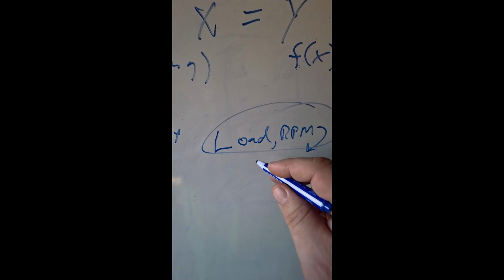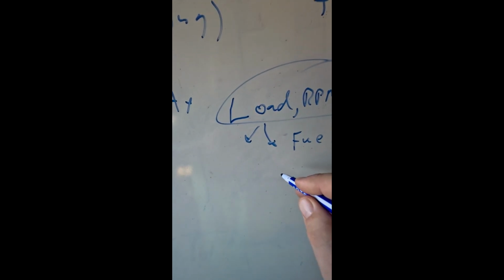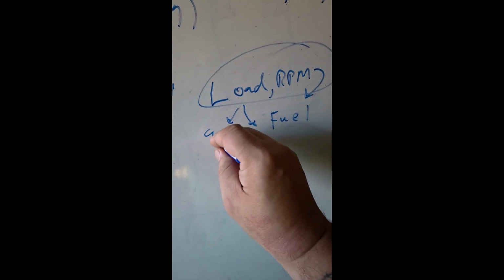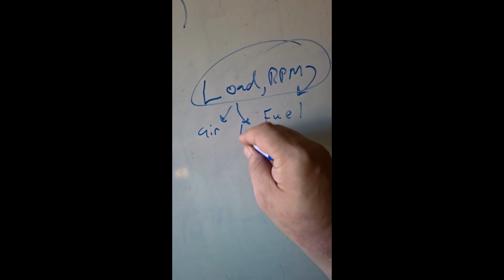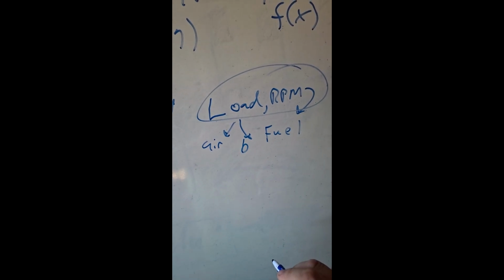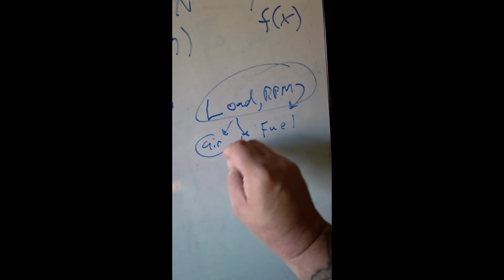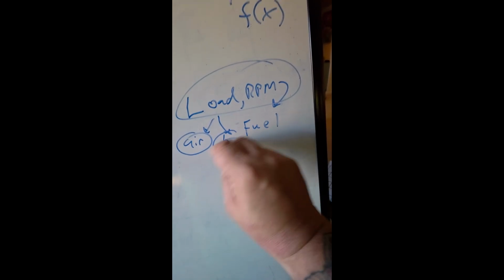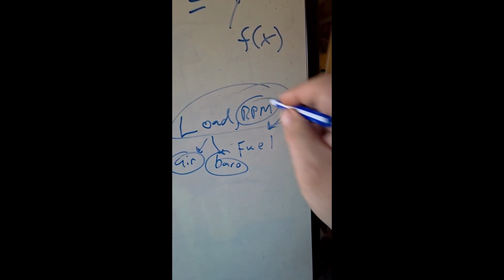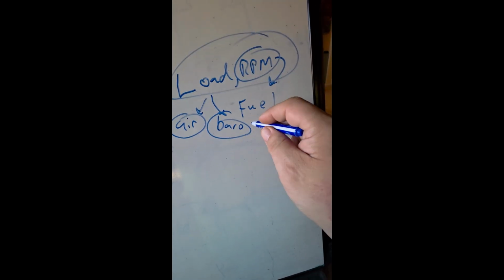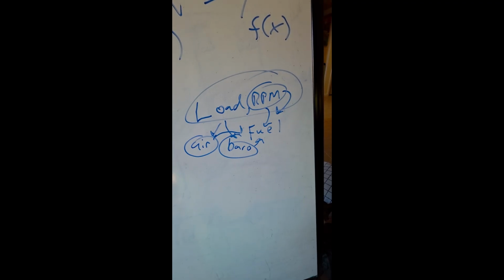And load is not quite air. Load breaks into two pieces, which is in fact air flow, but it's also barometric pressure, say baro. So now I'm sensing two things, air and barometric pressure, along with RPM. And all three of those go into a fuel calculation.